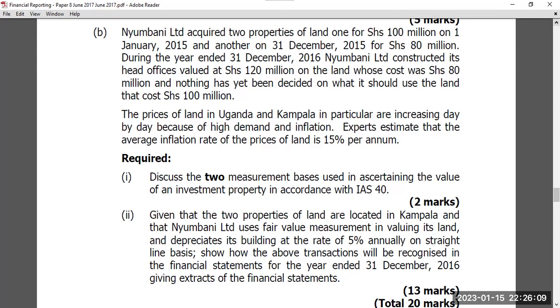Because we said under IAS 40 investment property that the assets falling in that category are going to be used for earning rental income, or for capital appreciation, or for both. So if it is not one of those 3 criteria, we can't categorize them under IAS 40.